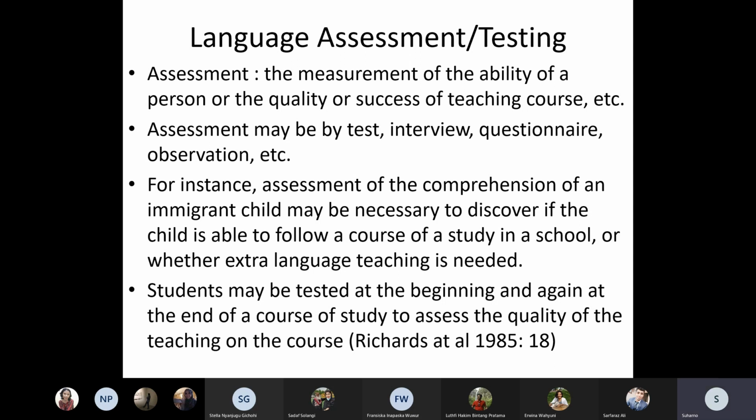I'm not sure about every 2 years, but there will be evaluation or assessment from the Director General of Higher Education, the Dikti, to see the university's development, just to decide the rank or something like that.